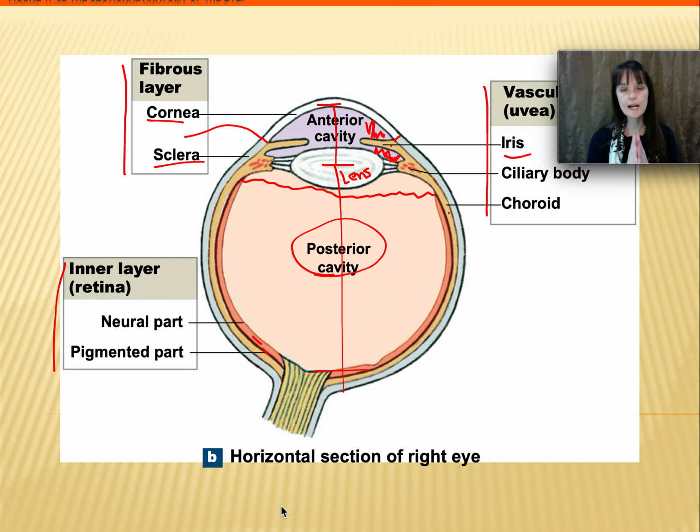Now, I do have on my previous note set a discussion that we have not had yet, and that is the difference between inflammation and infection. And this comes up because we were talking about conjunctivitis, which is inflammation of the conjunctiva.